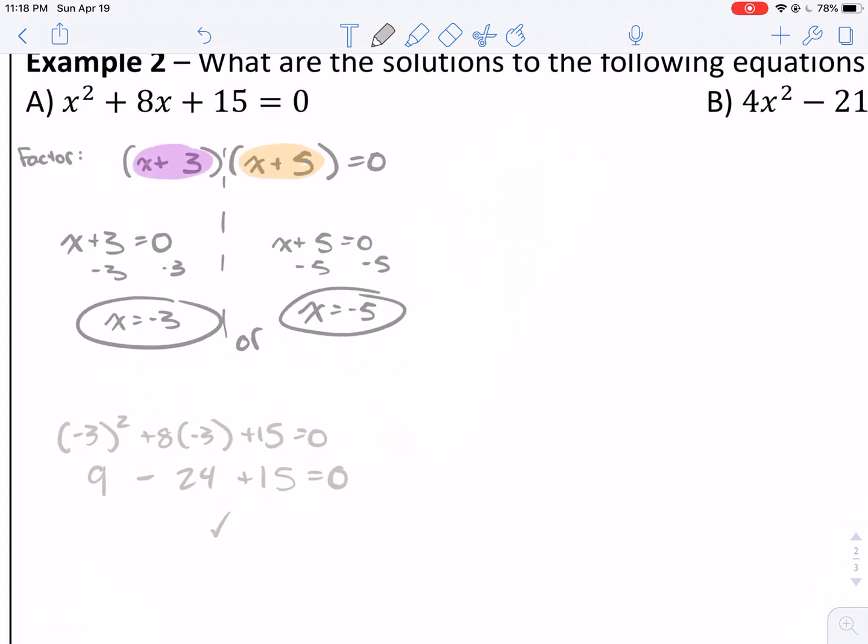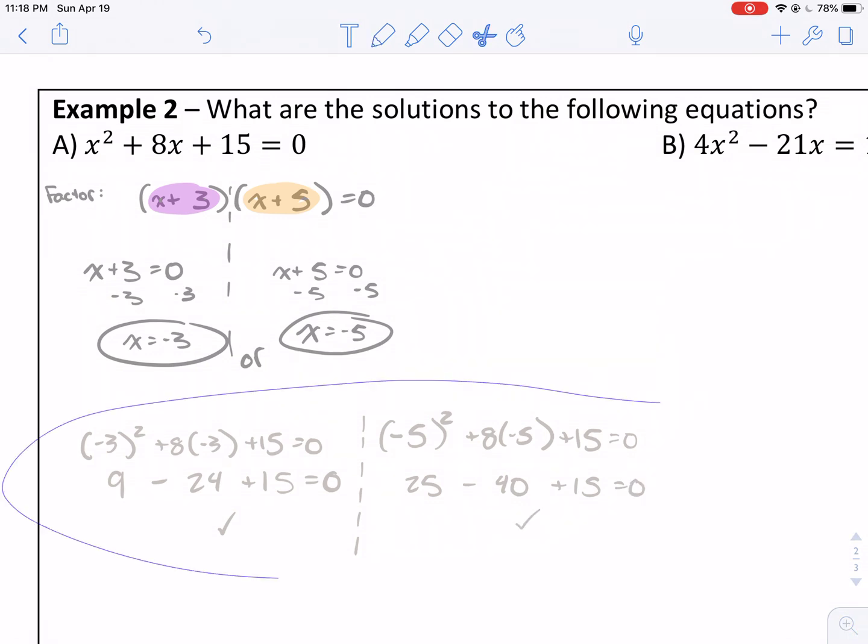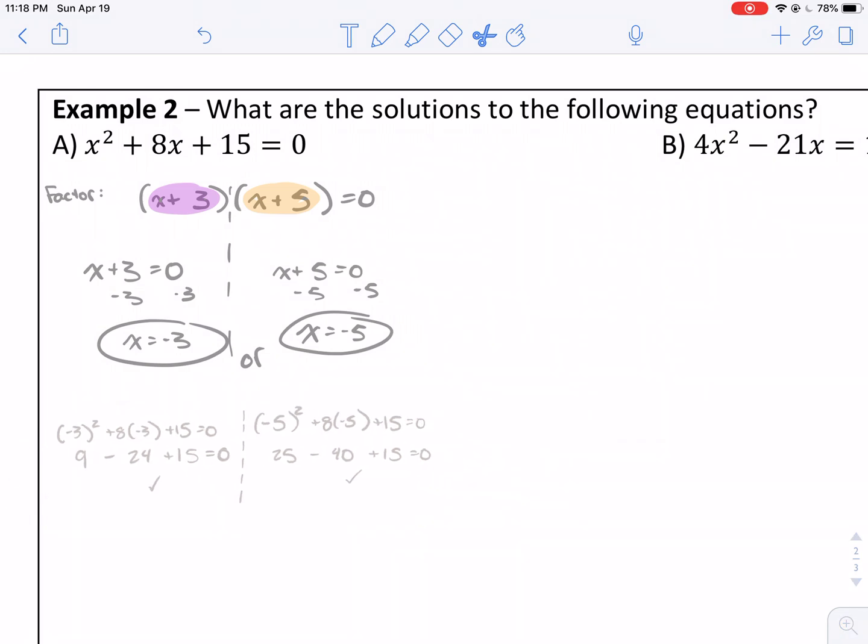Now let's check our other side. Is it true that negative 5 squared plus 8 times negative 5 plus 15 is 0? Well, 25 minus 40 plus 15 equals 0. That is a true story. Cool. So we checked our work and both of our solutions are true. Yay!